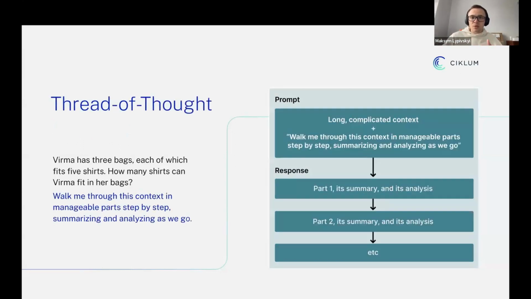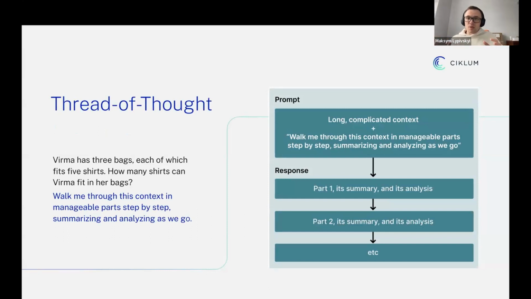Another good approach in the same direction of thought is thread of thoughts. In the same way, we are asking the model to go step by step, summarizing and analyzing on those steps.